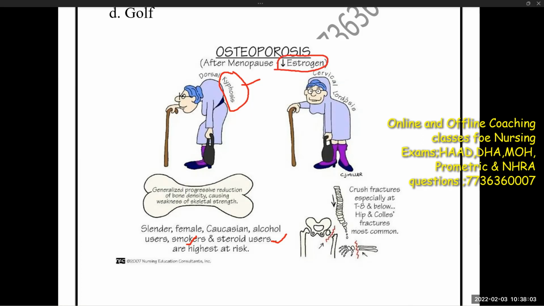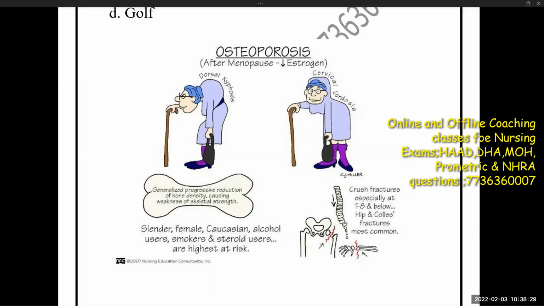Okay, so exercise for osteoporosis and medications which cause osteoporosis, sign of osteoporosis, majority of all causes. Okay, these are the frequently asked questions. And the complication of osteoporosis is pathological fracture.